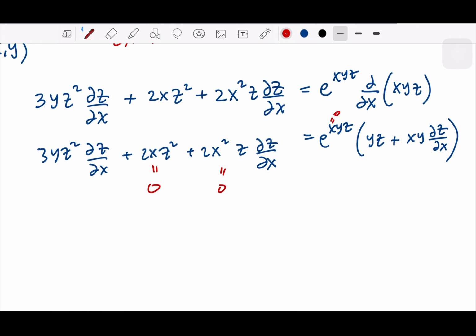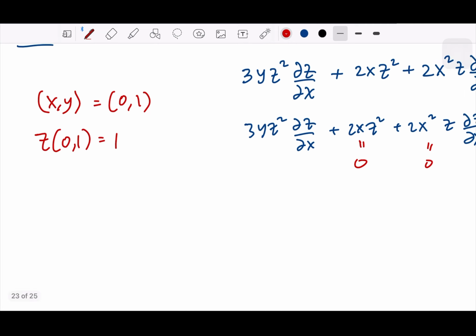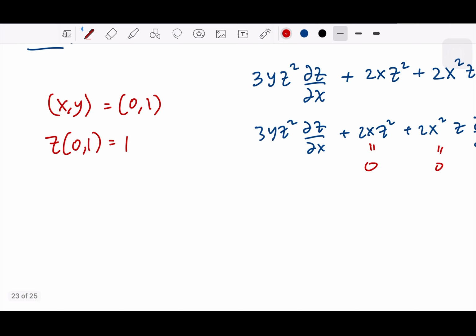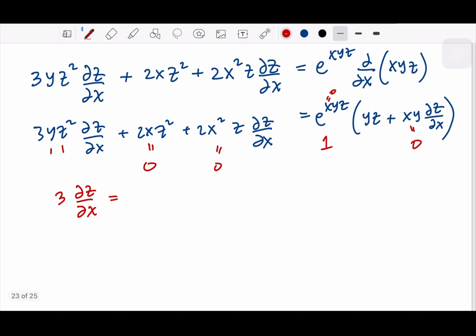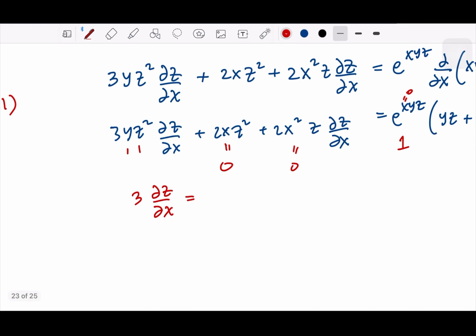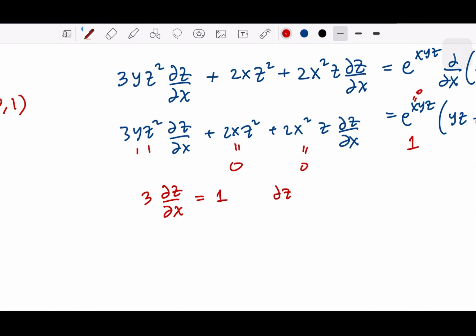This will be 0, so this will be 1. The other one will be 1. So 1 times 3 dz/dx equal to 1, so dz/dx will be equal to 1 over 3. That will be the answer.